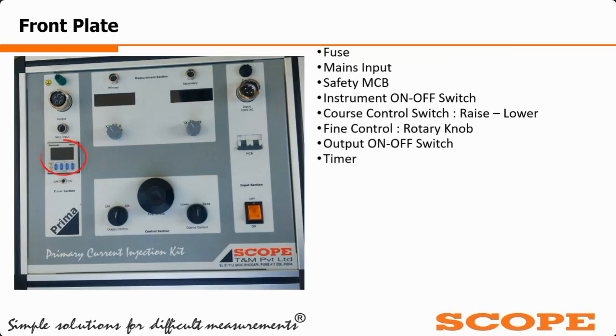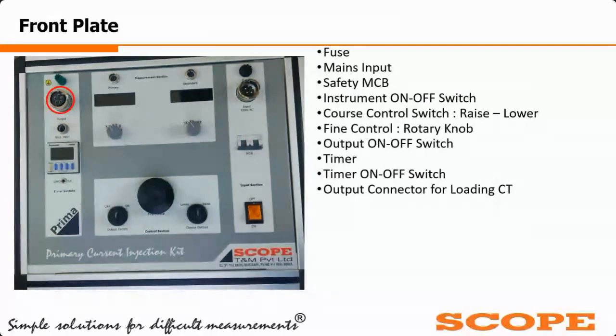Then timer, we can set time. Then timer on off switch. Whenever we require a timer, in that case we need to turn on this timer. Then output connector for the loading unit, which we need to connect to the loading unit that we are providing. Then master earthing.